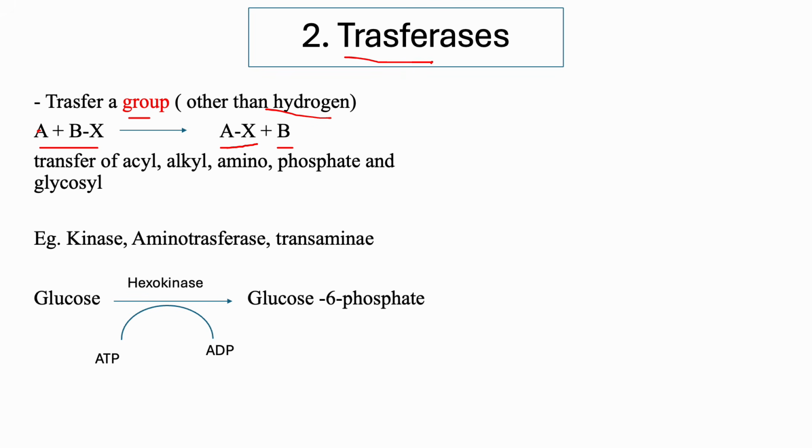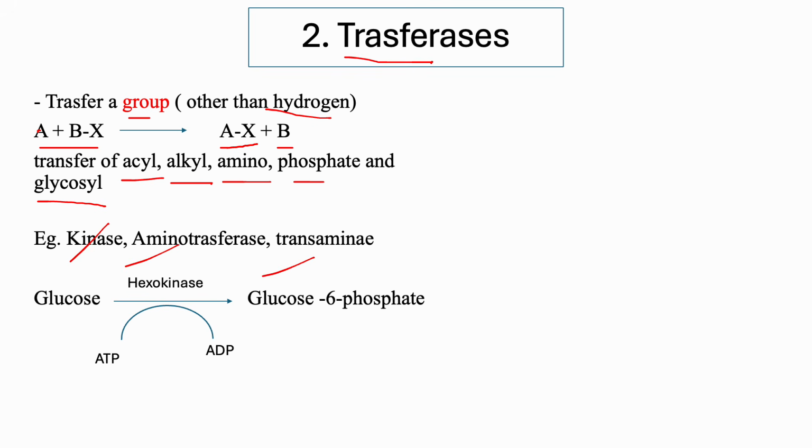And what types of groups are transferred? Acyl group, alkyl group, amino group, phosphate group, and glycosyl group. Examples of this class are kinases and aminotransferases or transaminases.